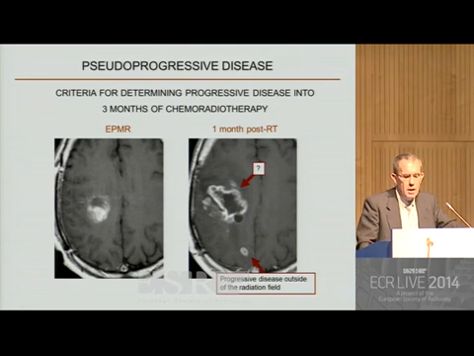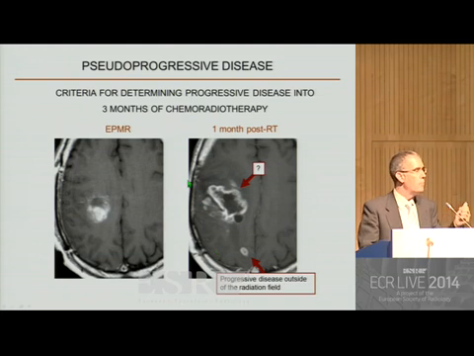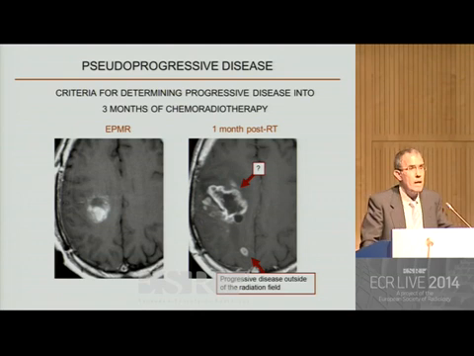As you know, the radiation field includes 2 centimeters of the border of the lesion. Then, if in the next control after radiotherapy we find that the lesion has increased, but this increase is inside the radiation field, we must be careful because we cannot be sure if this is true progressive disease or pseudo-progressive disease. Different happens if the lesion is outside of the radiation field.